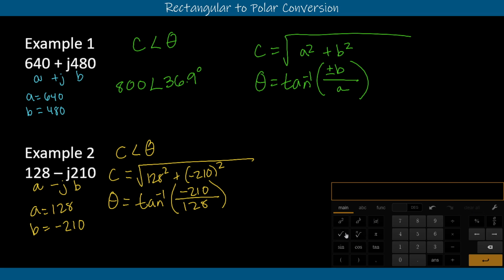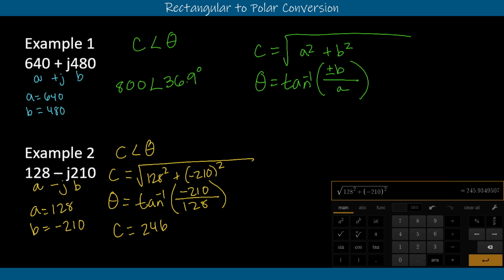We have the square root of 128 squared, and we add to that, opening a parenthesis, the negative 210, just to show that it doesn't do anything here when we square it. That gives us 246 after rounding. We only need three digits, so C is equal to 246.